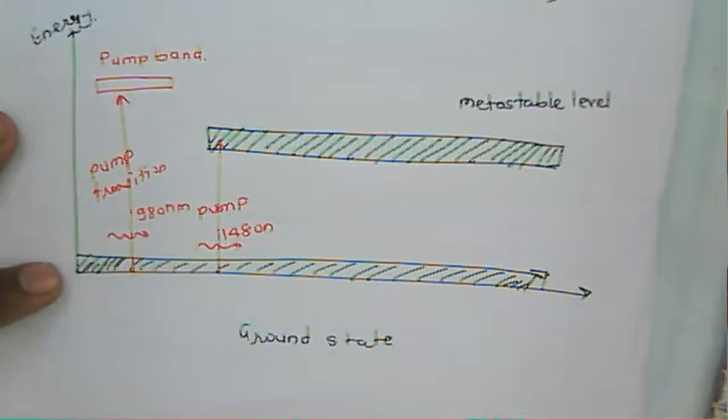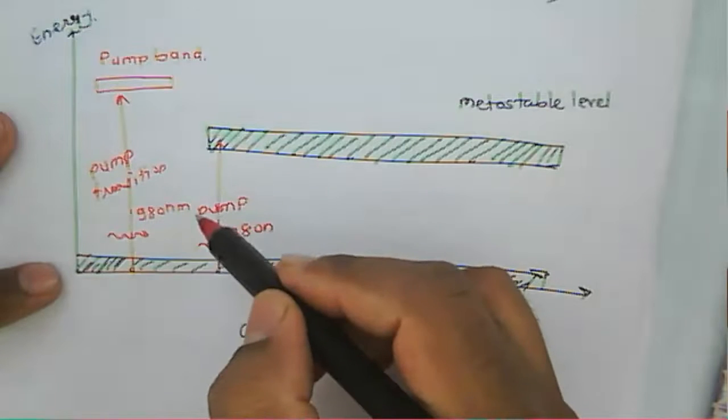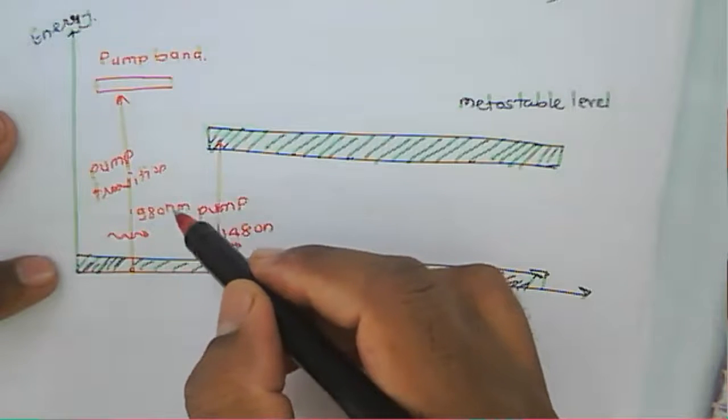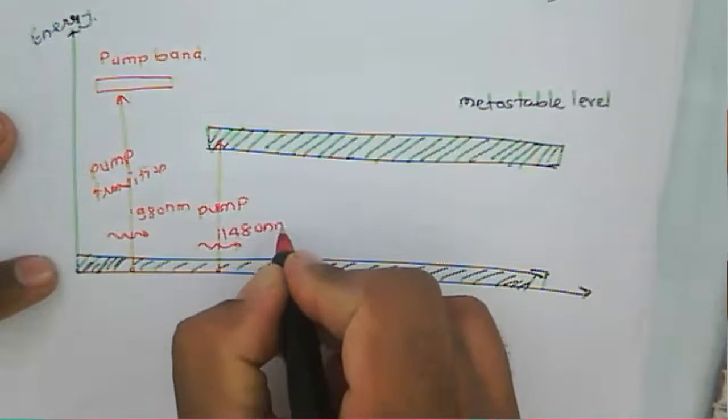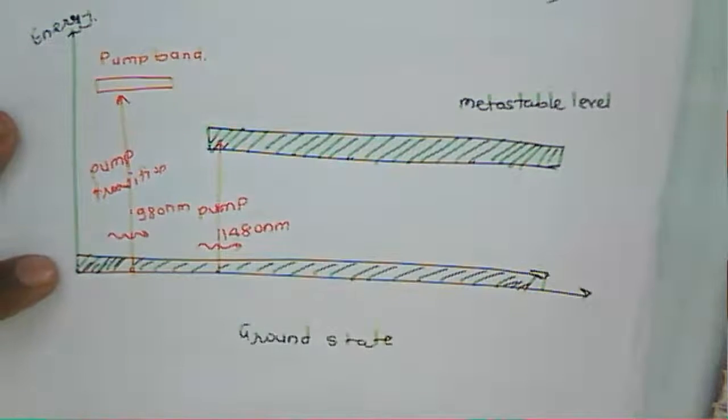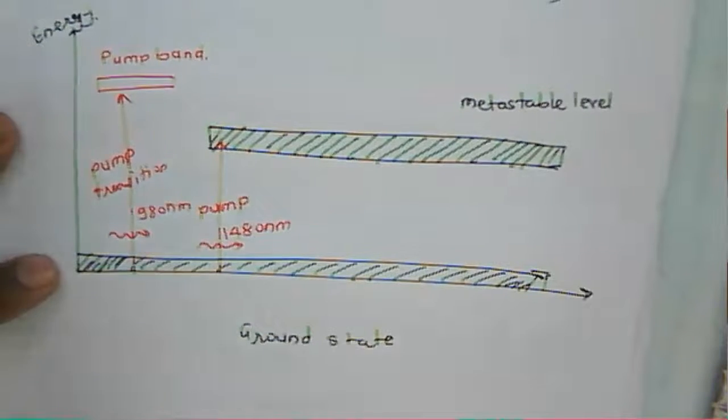So we have two pump levels: one pump level at 980 nanometer and another at 1480 nanometer.